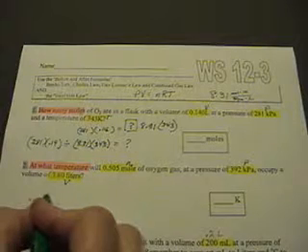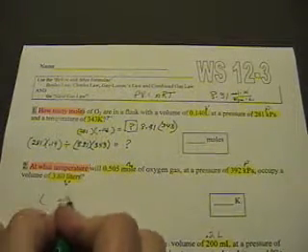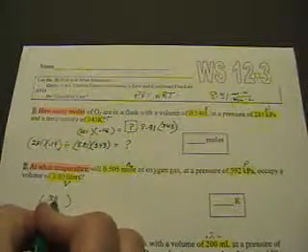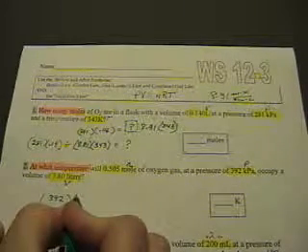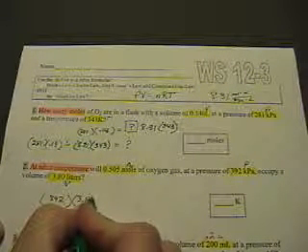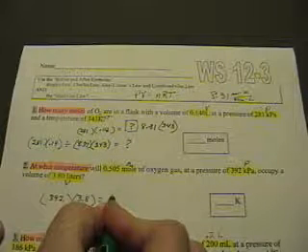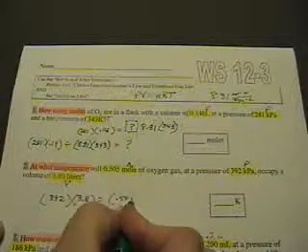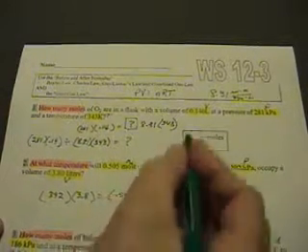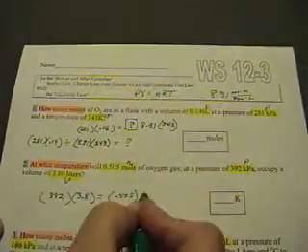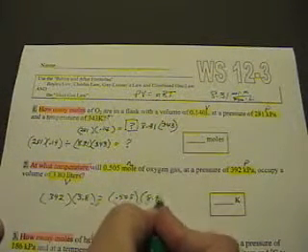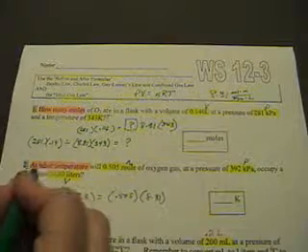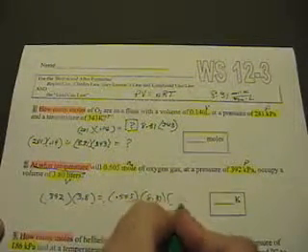Alright, so we've got a P, which is 392, we've got a V, which is 3.8 liters, we've got an N, which is 0.505, we've got an R, which is always 8.31, and our unknown is at what temperature. So here's our unknown.